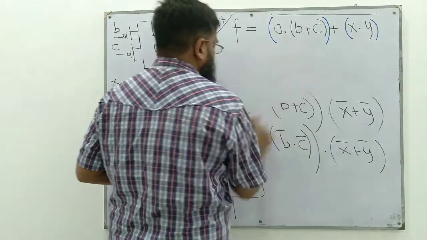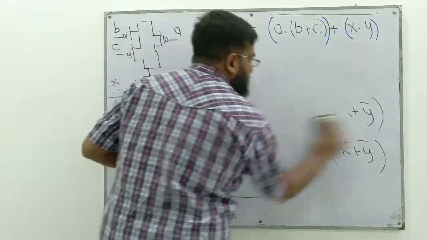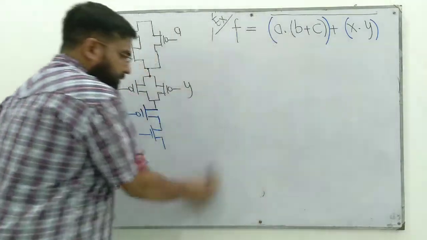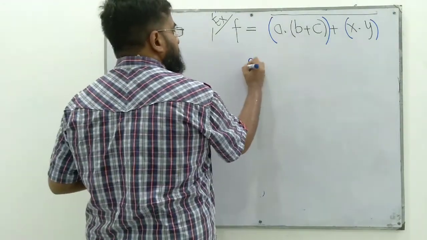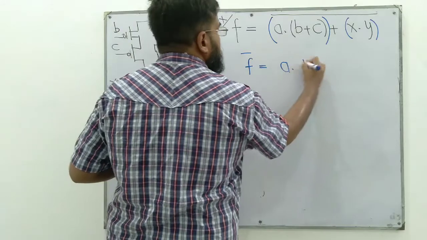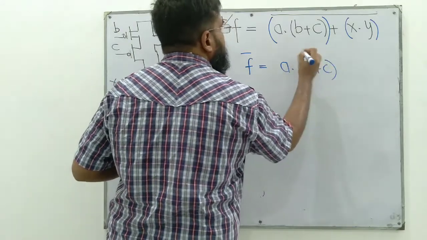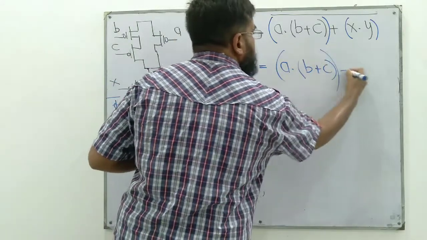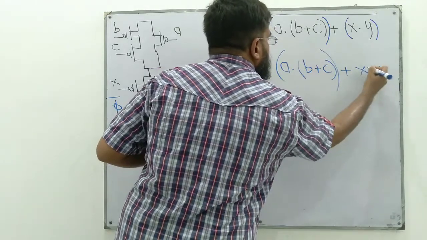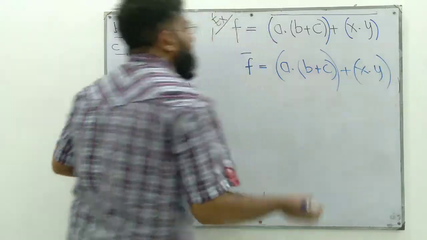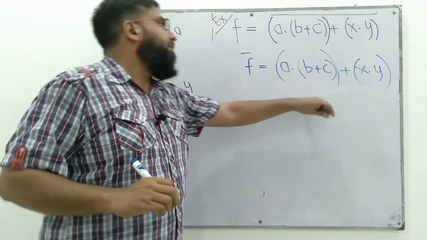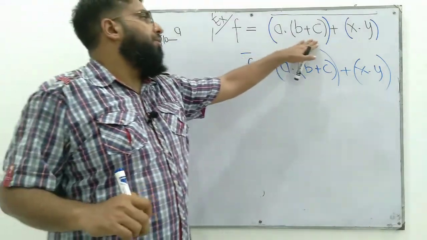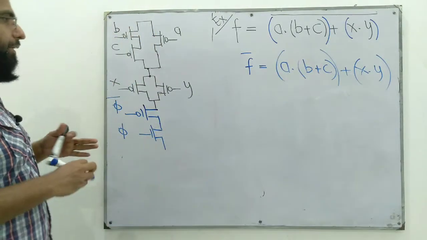And we know that to implement the NMOS array we just implement its NOT, that is F bar is A dot B or C, whole, or x dot y. Right, we'll implement this, the inversion or the complement of this, that is F bar.